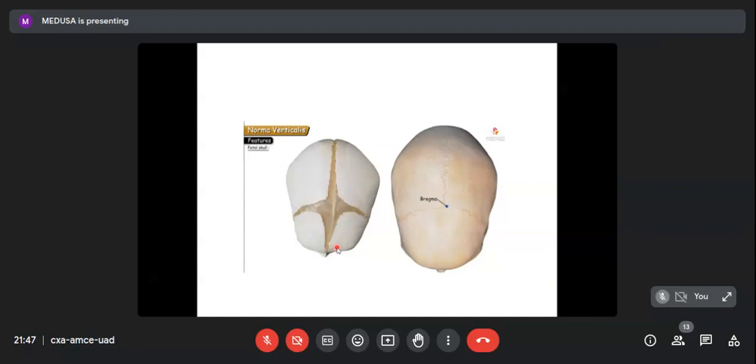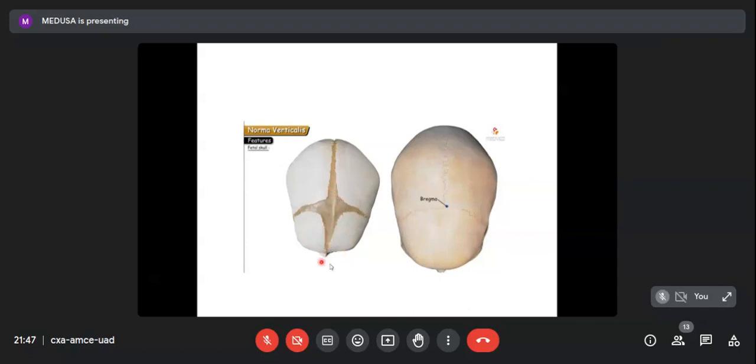Clinically, this is important to know. If someone sustains a head injury, when you take the CT scan, the CT scan will show a demarcation somewhere here. But as medical personnel, you should know that in some people the suture would continue being there even in adults.